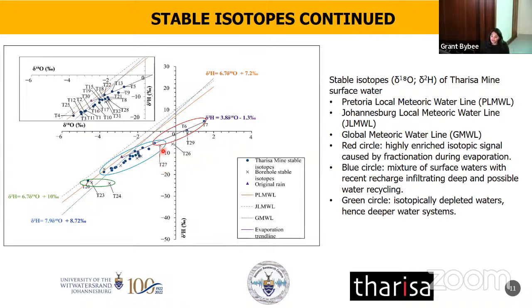But we also had this zone here, which displayed a mixing signature between depleted and heavy isotopes. The possible reason for mixing could be along lineaments, or water infiltrating down different surfaces and things like that. So it didn't really help us identify possible sources, but it kind of put us on the right track.